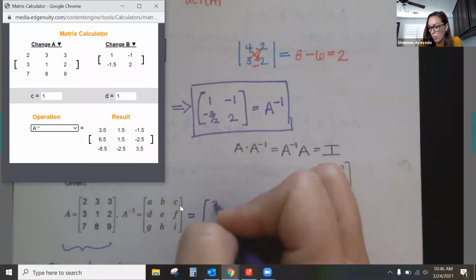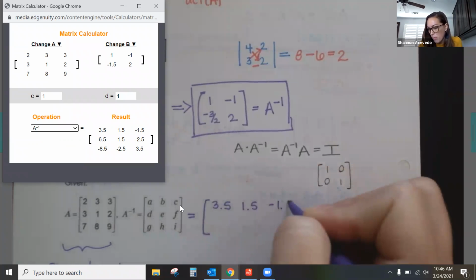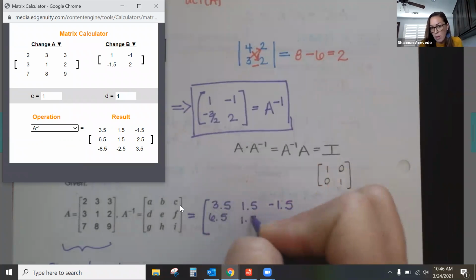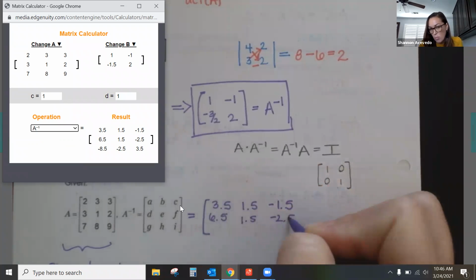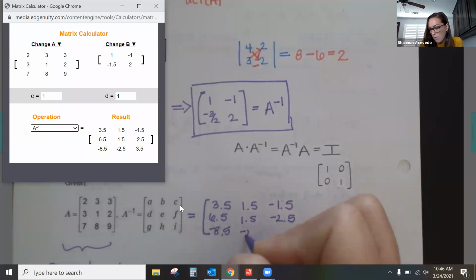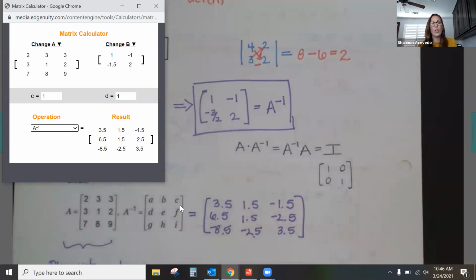It's going to be 3.5, 1.5, negative 1.5, 6.5, 1.5, negative 2.5, negative 8.5, negative 2.5, and my 3.5.